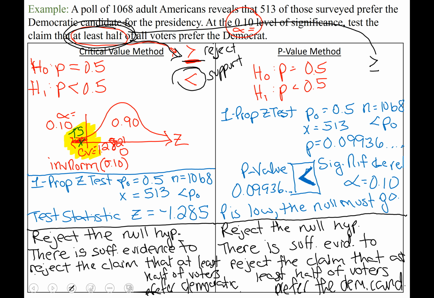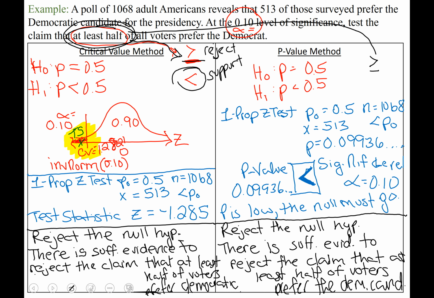Okay, so now you can see the two methods side by side. Some people think, oh, the p-value method's way shorter because you don't have to do the graph. Some people like the critical value method because the graph gives them a visual on the rejection. It's up to you. If they do not specify which method to use, use whichever one you prefer.